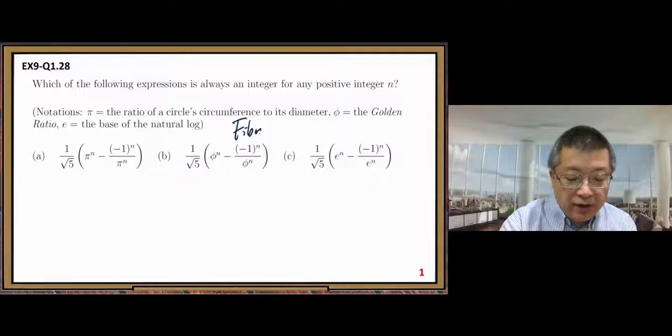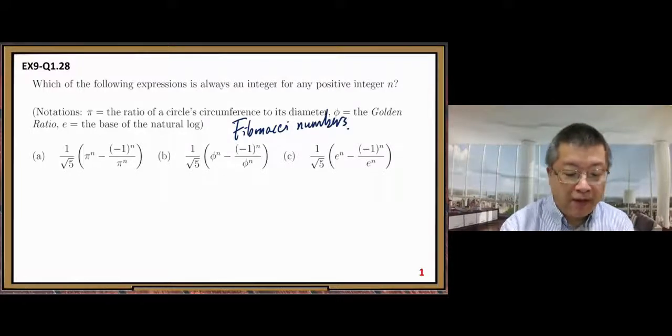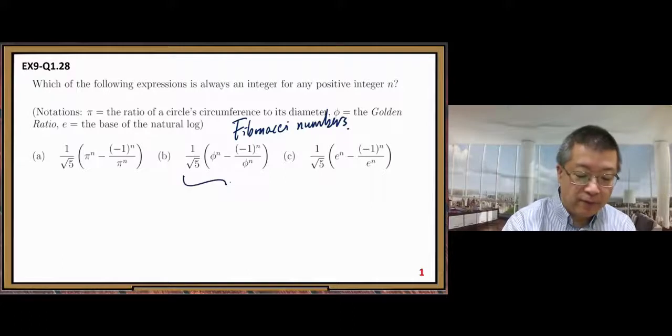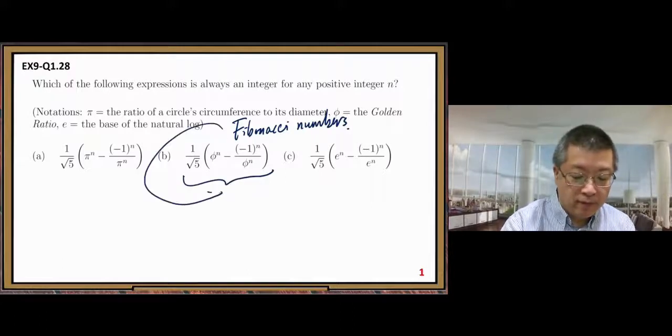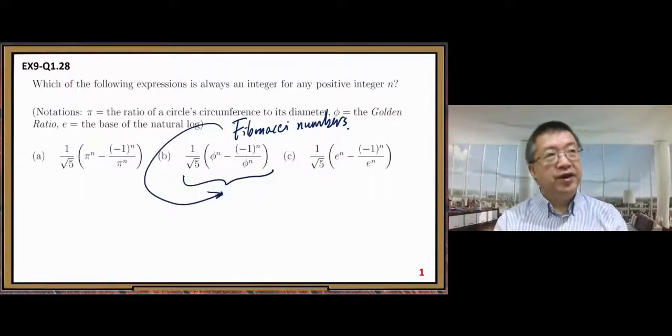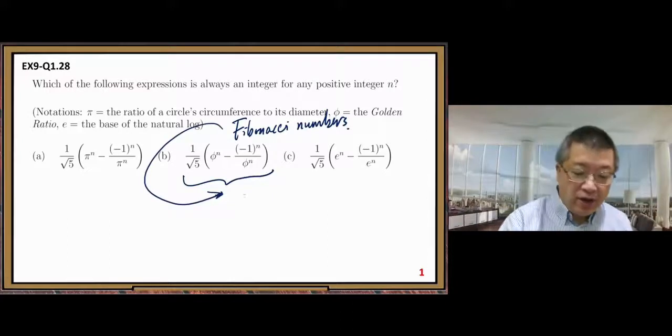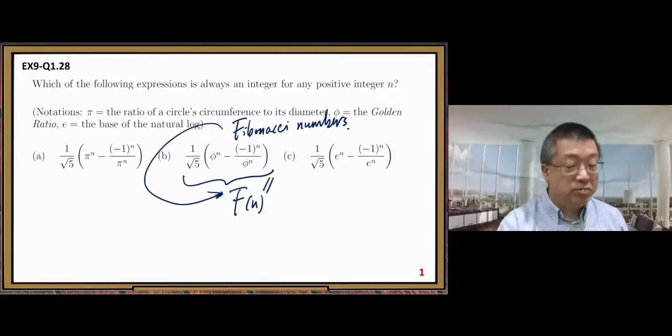Do you know the formula of the Fibonacci numbers? That formula. So this one. If you know it, we know the Fibonacci number f of n equals this one, and it must be a positive integer.